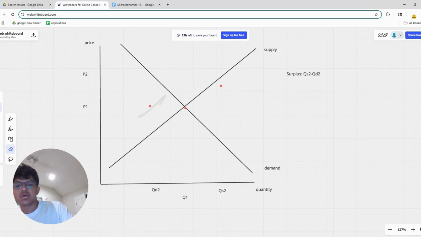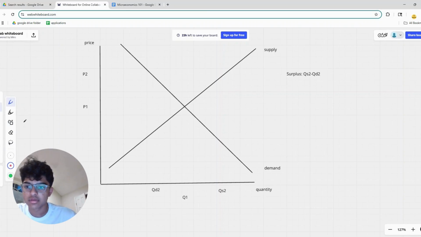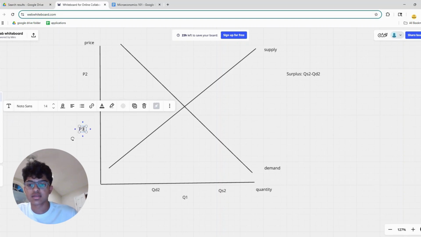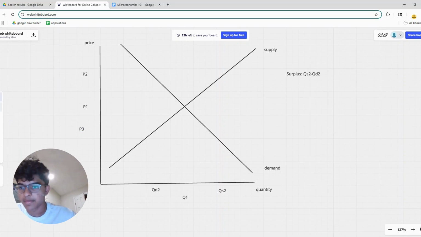I'm sure you can understand where I'm going to go with the shortage, but we'll go through it anyway. Let's say that the market dictates a new price, P3.